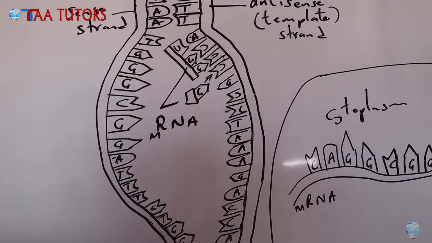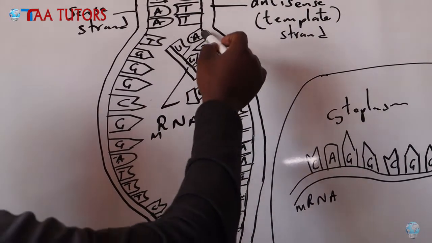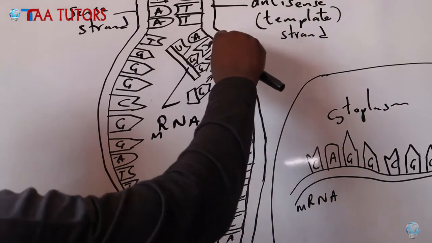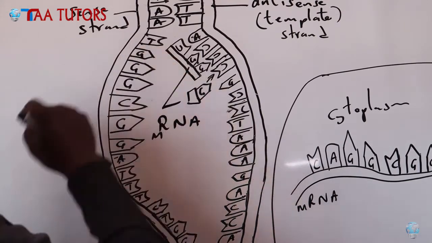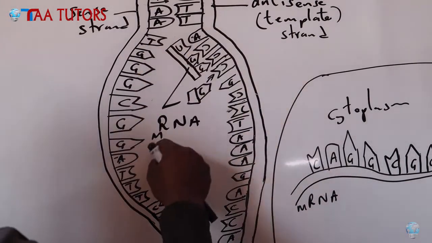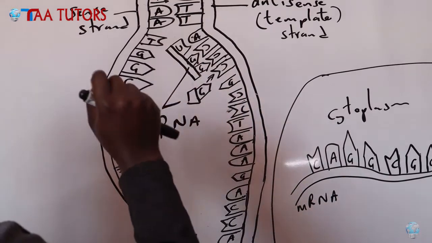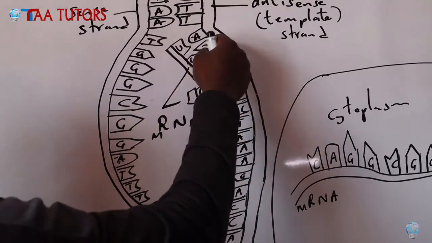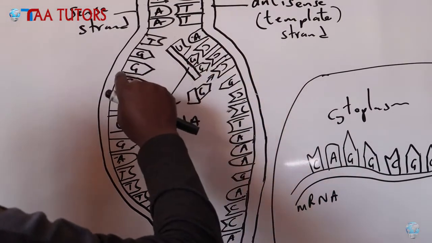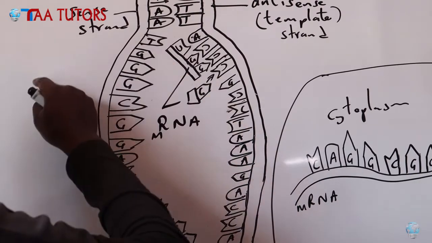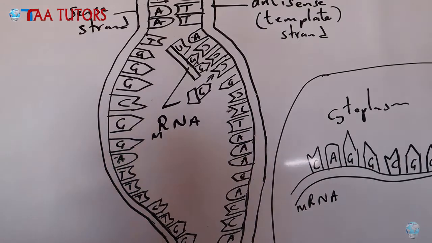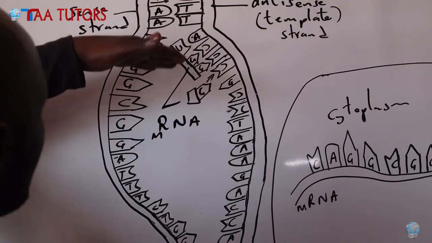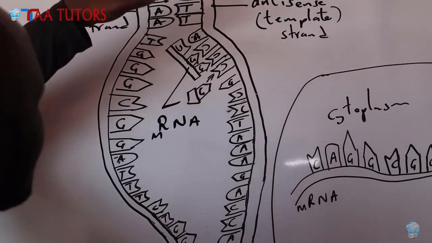From the beginning, this is the adenine A in the DNA strand, which would match with a T in the other DNA strand. But for the RNA, it is going to match with a U. Then a C is matching with a G in the RNA, and on the other side it's C, how it's matching. So this is how the messenger RNA aligns within the template strand.